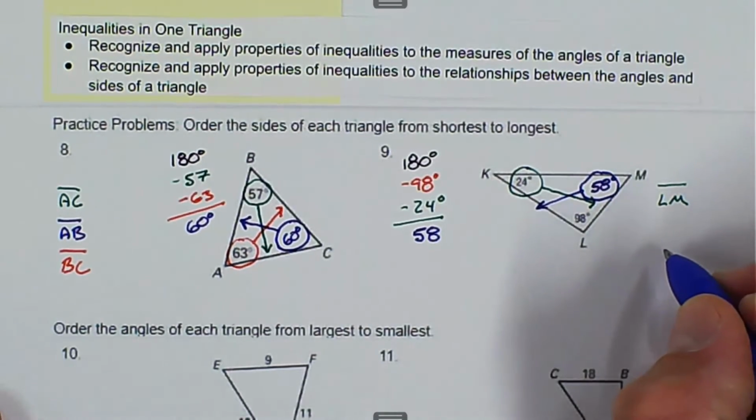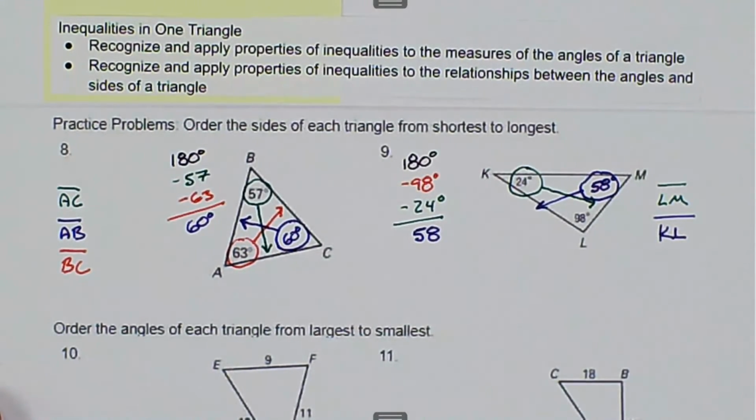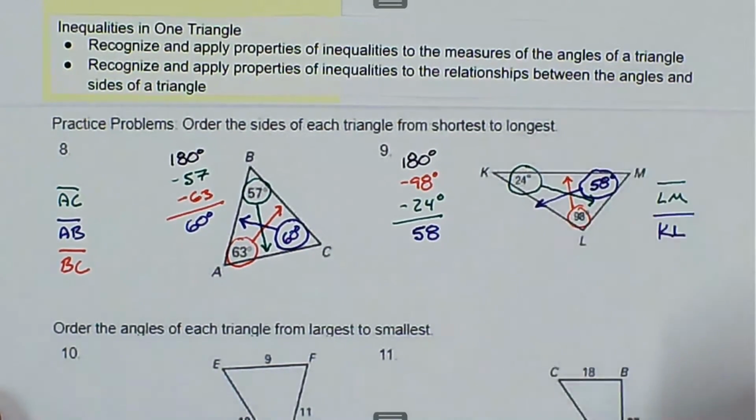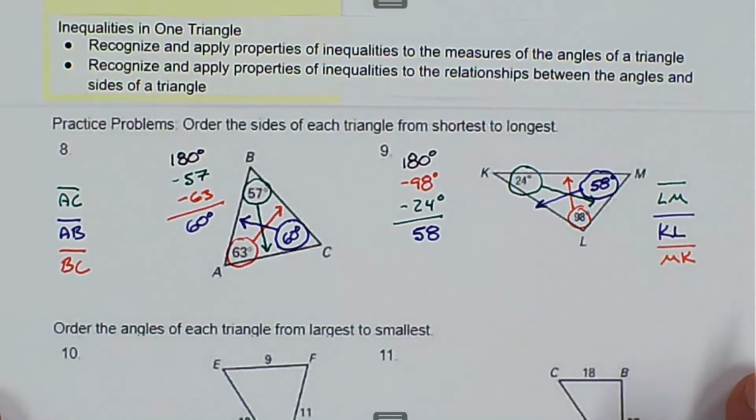So that's going to be line segment KL. And then lastly, we have 98 is the largest. So the largest side is opposite. So that is going to be MK, line segment MK.